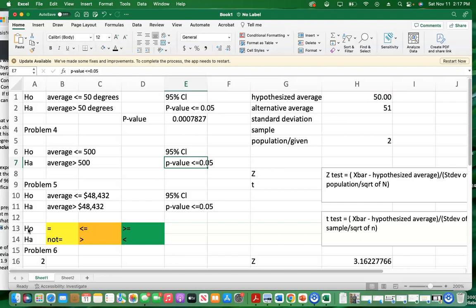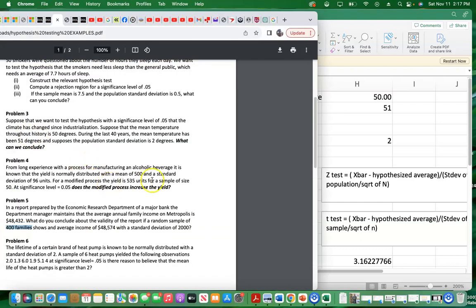But let's try to do a problem that will apply the t-test to see how the t-test can also be used, or how the t-value can also be used to get the p-value. So let's review this problem. The process for manufacturing of an alcoholic beverage was yielding 500 units, but when the system was modified, production went up to 535 units.